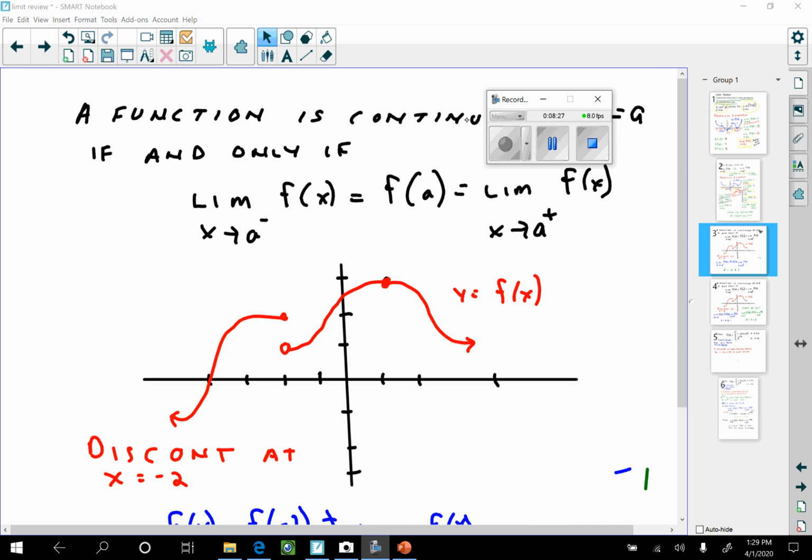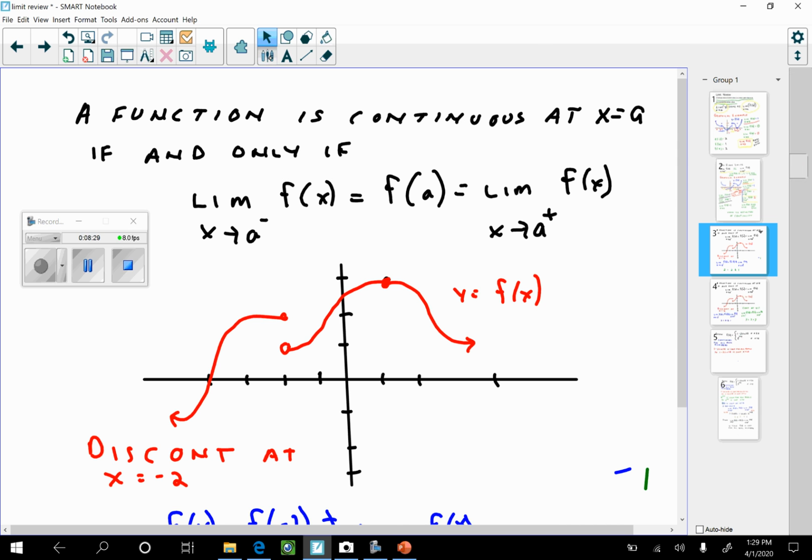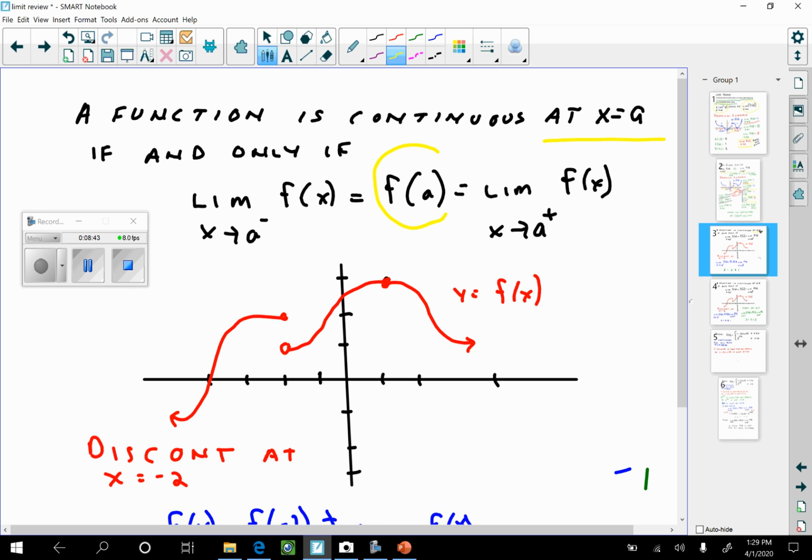So let's move this rascal out of the way here. A function is continuous at x equals a if and only if the limit as x goes to a from the left of f of x is equal to, here's the difference between when a limit exists and when a function is continuous.